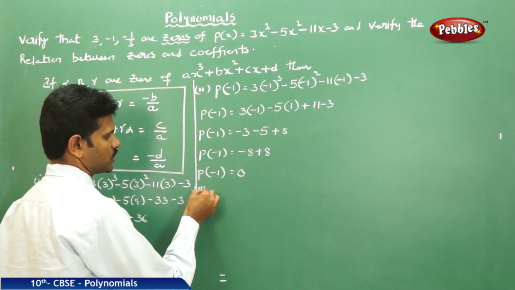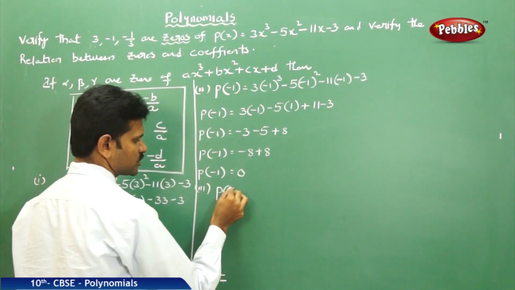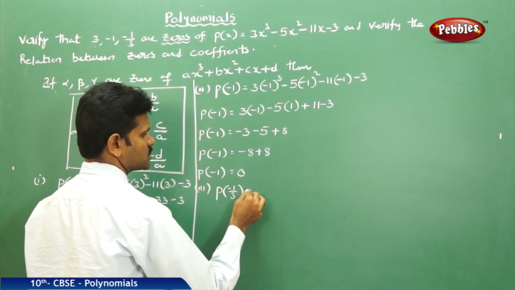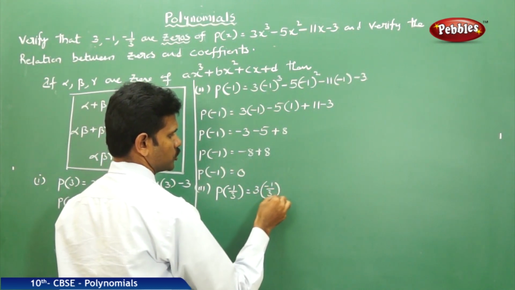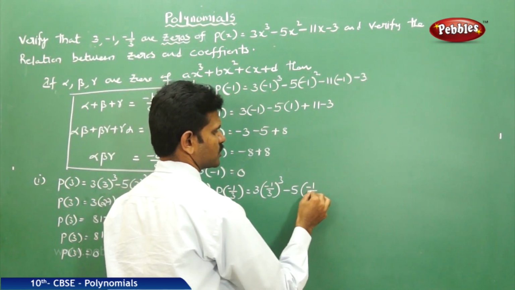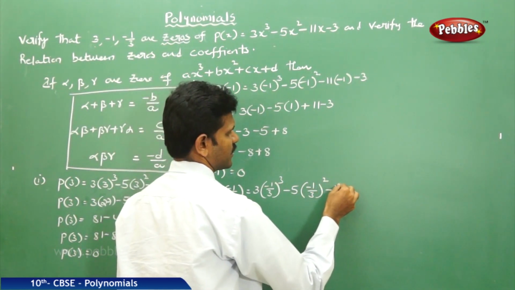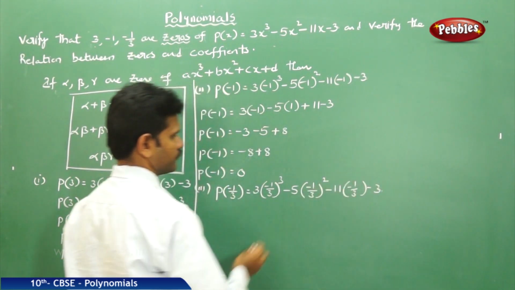Now, condition number 3. P of my third zero, which is minus 1 by 3, a fraction, is equal to 3 times (minus 1 by 3) whole cube minus 5 times (minus 1 by 3) whole square minus 11 times minus 1 by 3 minus 3.